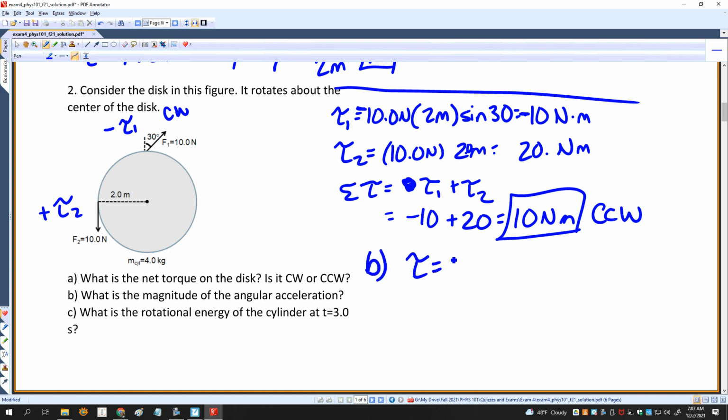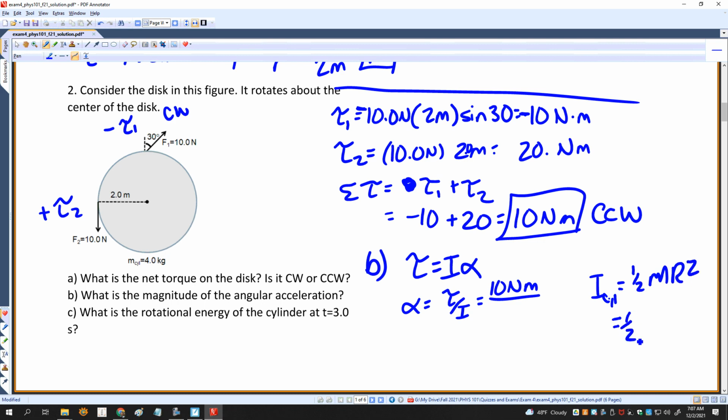Well, I know that torque is equal to I times alpha, so alpha is equal to torque divided by I. That's going to be 10 Newton meters. Oh, but I don't know I. But I do know that this is a disk, so I'm going to use I for a cylinder, which is 1/2 mr squared. It's 1/2 of the mass, which is 4 kilograms, times the radius, which is 2 meters squared.